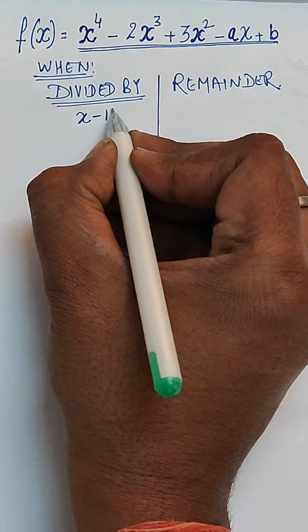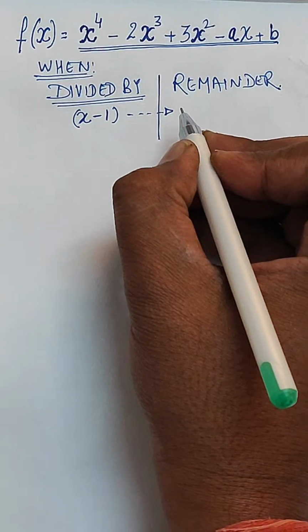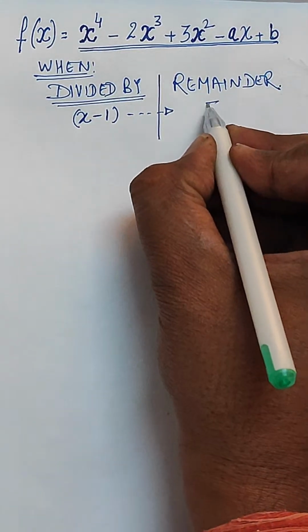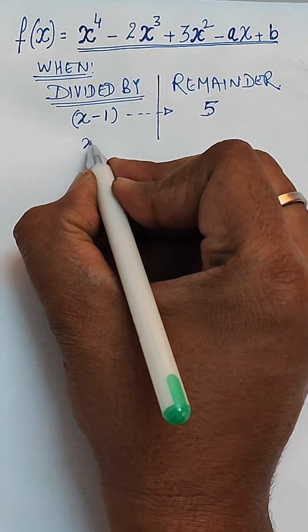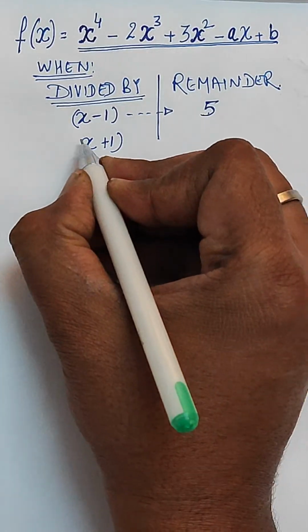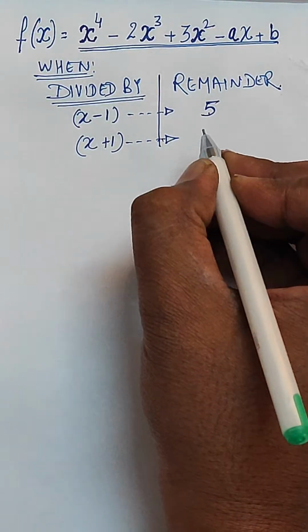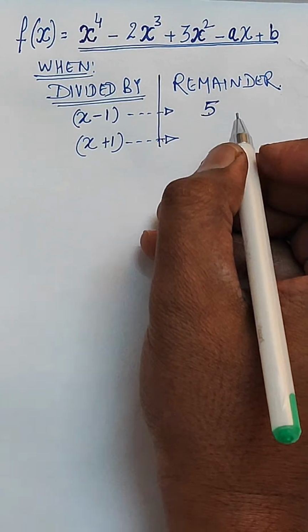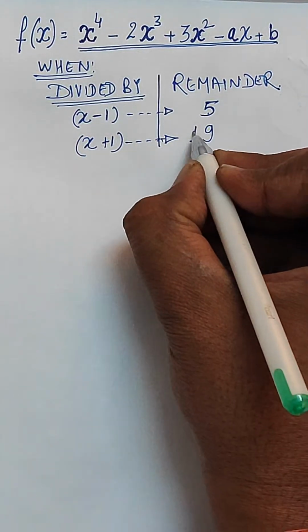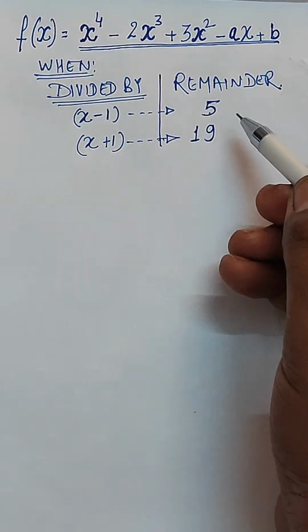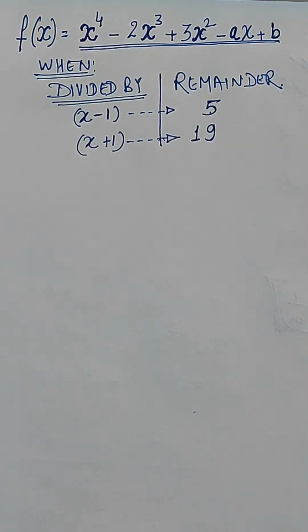So when divided by x minus 1, it will give you a remainder 5, and when divided by x plus 1, it will give you a remainder 19. So these will be the two remainders when divided by x minus 1 and x plus 1 respectively.